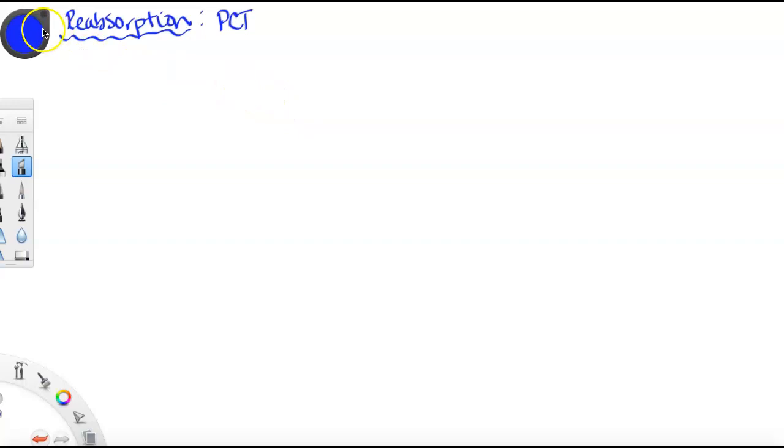So if you remember, we have our Bowman's capsule here, and then over here we have the proximal convoluted tubule.